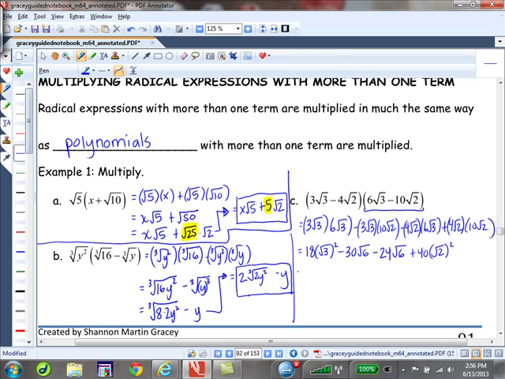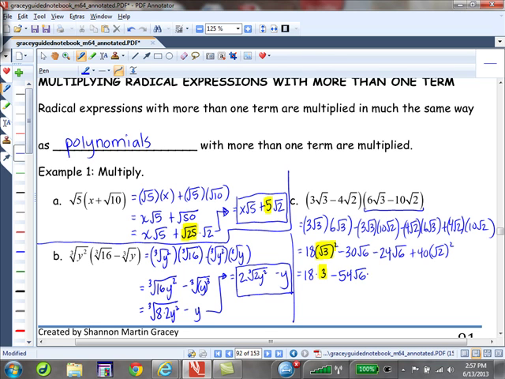All right, so this is going to give us 18 times 3. Root 3 squared just gives us 3. And then negative 30 root 6s minus 24 root 6s gives us minus 54 root 6s.